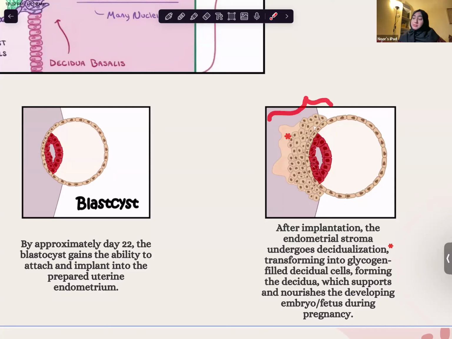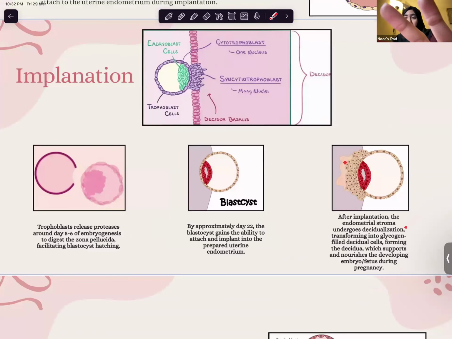The mother side is also going to accept the implantation, but before that, it undergoes decidualization, so that when the decidua, which is the mother side of the placenta, and chorion, which is the fetal side of the placenta, combine, there is an easy way to have gas exchange and nutrient exchange, and it supports and nourishes the developing embryo and fetus during pregnancy. I hope it's clear.